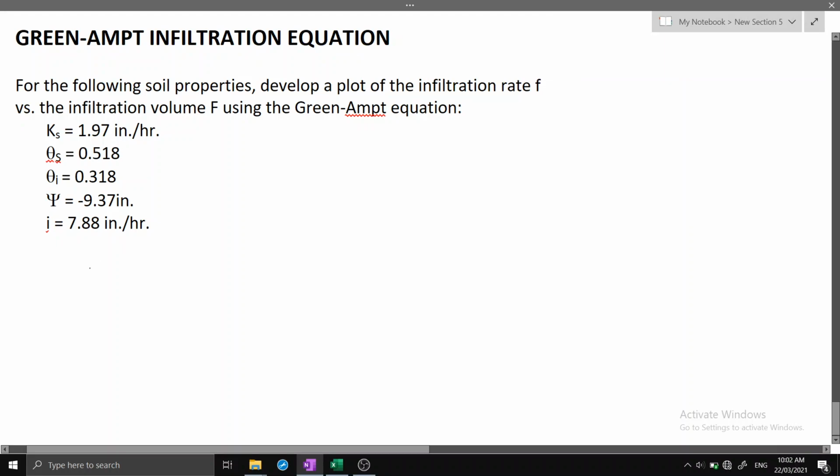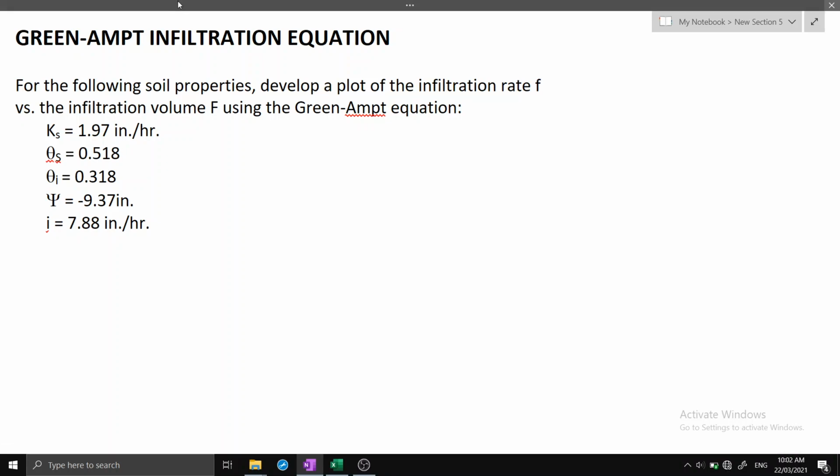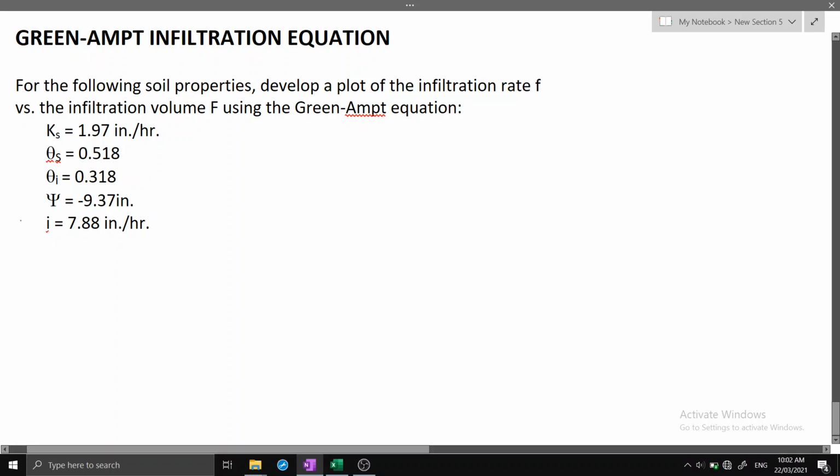So notice that our rainfall intensity I is greater than our maximum hydraulic conductivity.